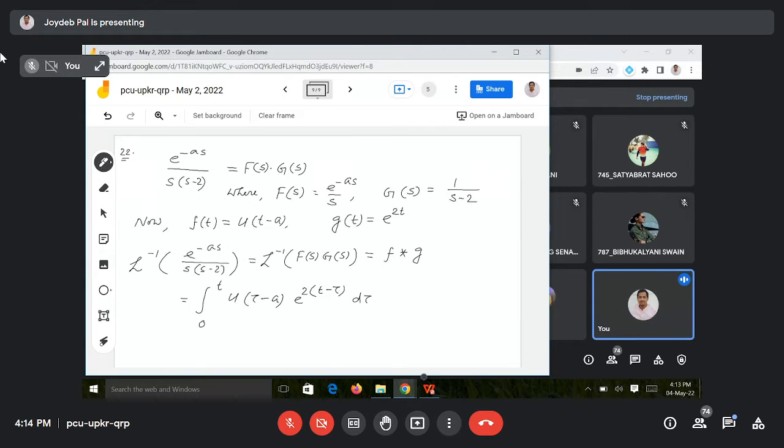Here we are integrating in the interval 0 to t, which means the range of tau is 0 to t. Now there are two possibilities: if the upper limit t is less than a, that is one case, and if t is greater than a, it is another case.